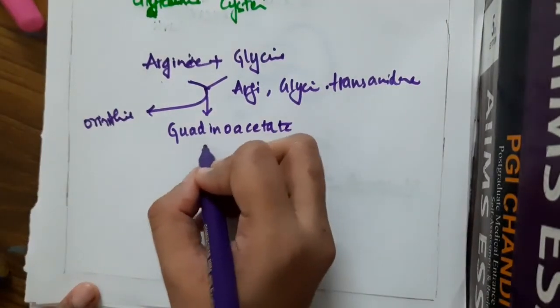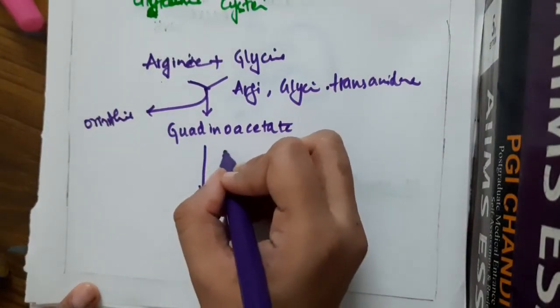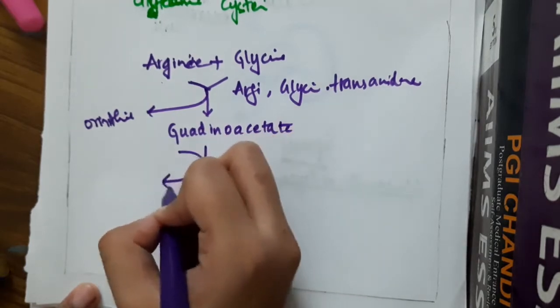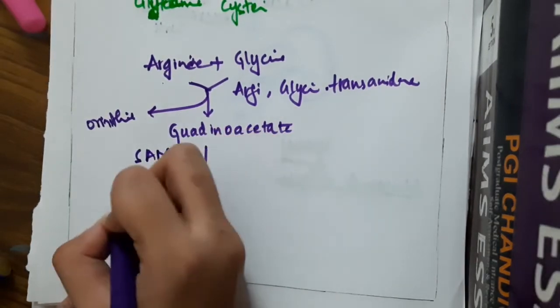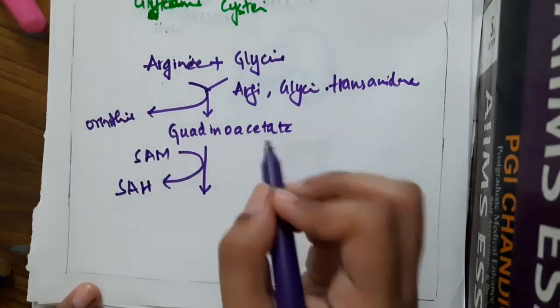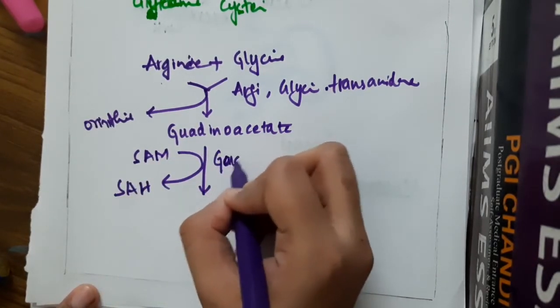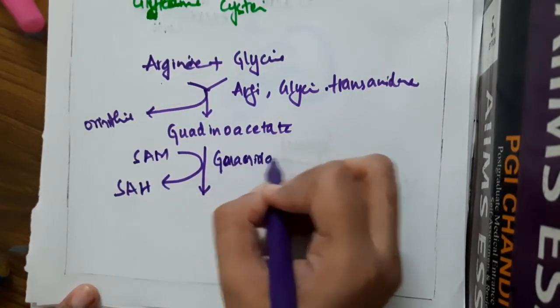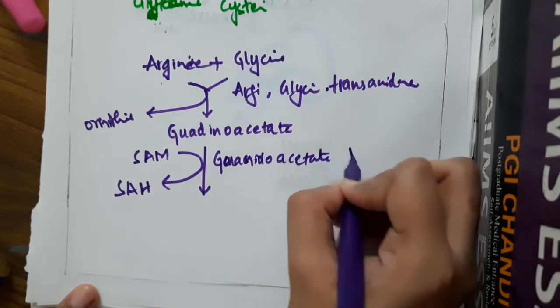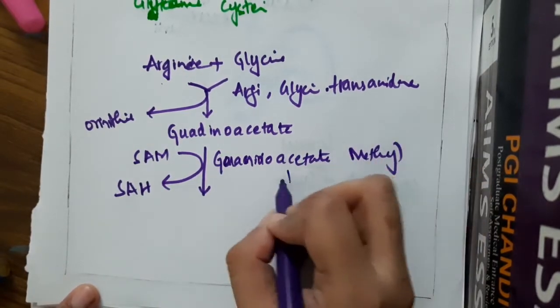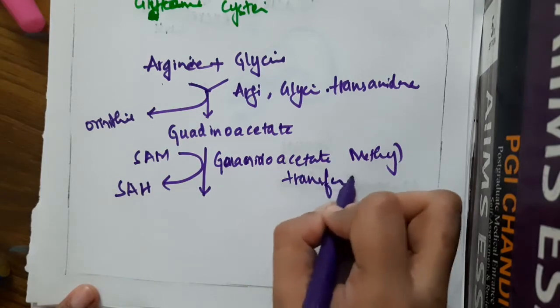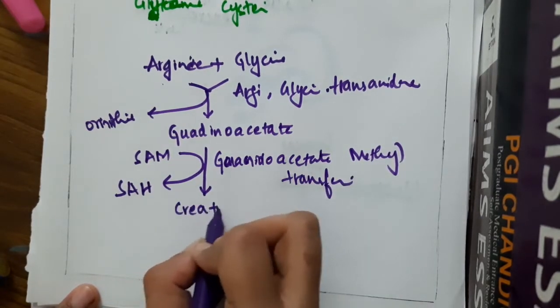This guanidoacetate, in the presence of S-adenosyl methionine, which gets converted to S-adenosyl homocysteine, in the presence of the enzyme guanidoacetate methyl transferase, forms creatine.